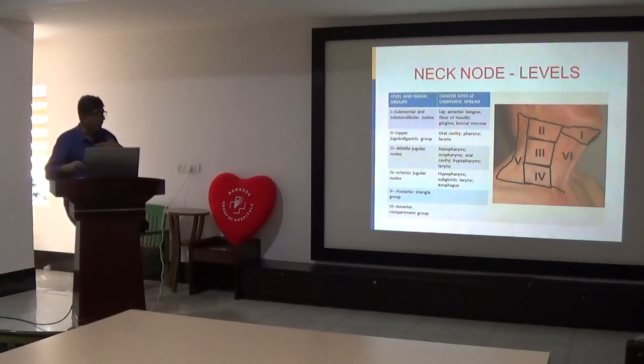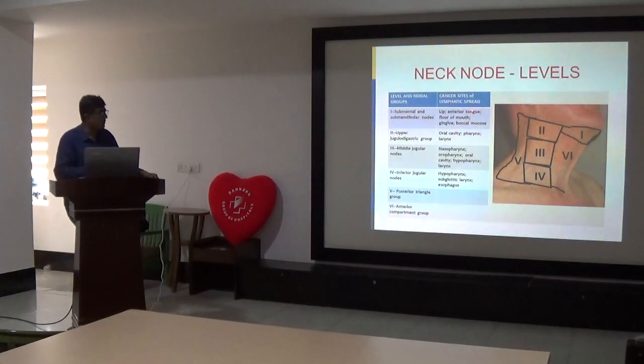But to have a uniform classification, what we have done is we have divided the neck into nodal levels. So if you talk about level 1, it is submental and submandibular nodes. And at this level, most of the times, the primary you will be able to find in the lower lip, the anterior tongue, floor of mouth, gingiva and buccal mucosa.